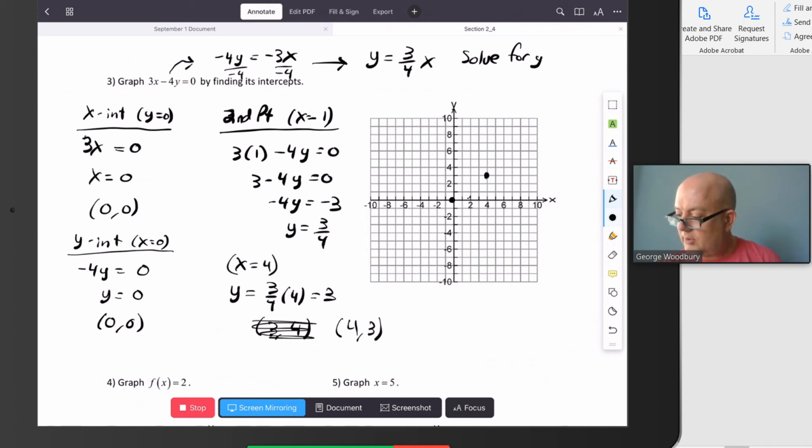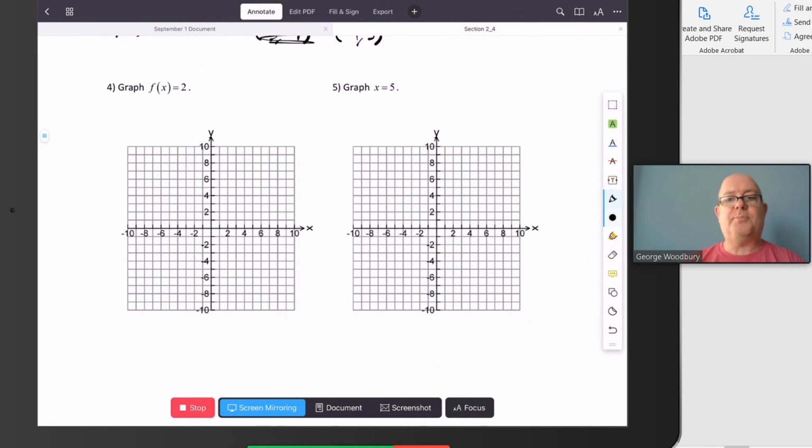And like I said, if I substitute 8, I would have got 6. Something like this. And so there, when I substituted 1 for x, I would have got 3/4. So that's where that point was. But that (8, 6) is what told me I had trouble. I just wrote those numbers down in the wrong order. Do be careful.